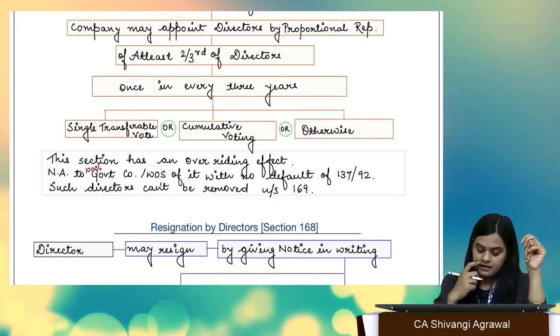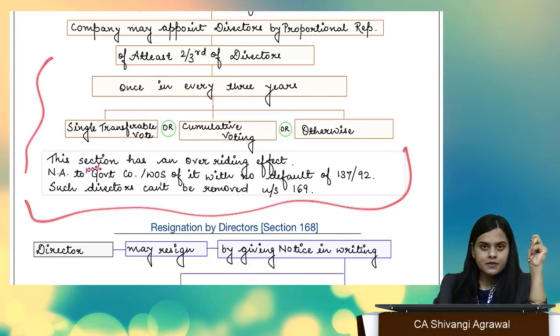Now, this section is again not applicable to a 100% government company or wholly owned subsidiary of such government company. The directors who are appointed by using this particular section of proportional representation cannot be removed using section 169. Clear?